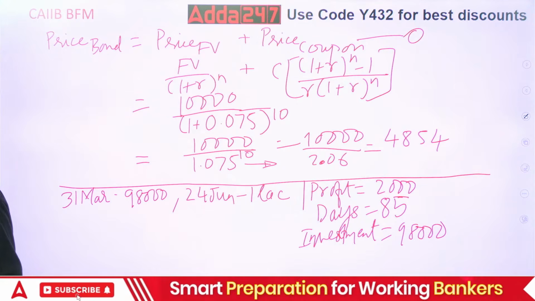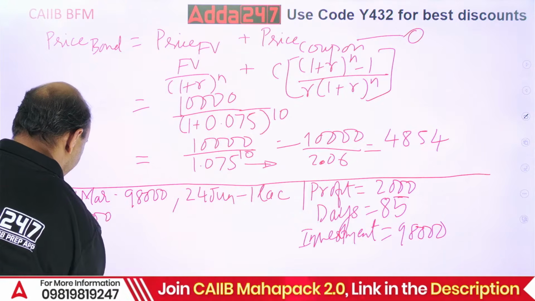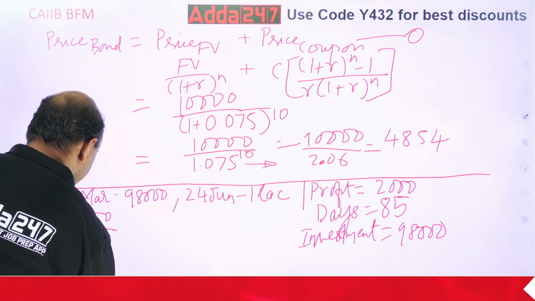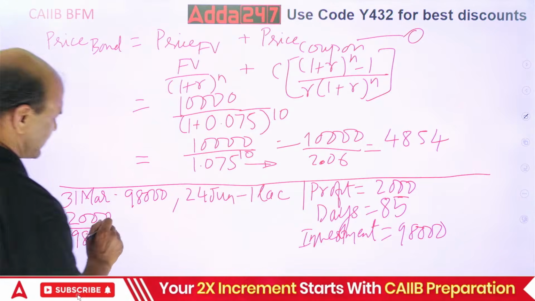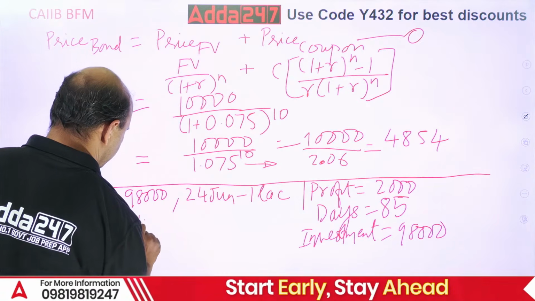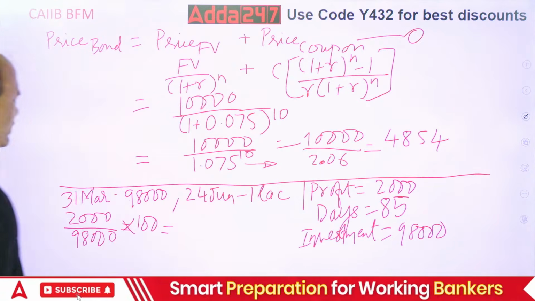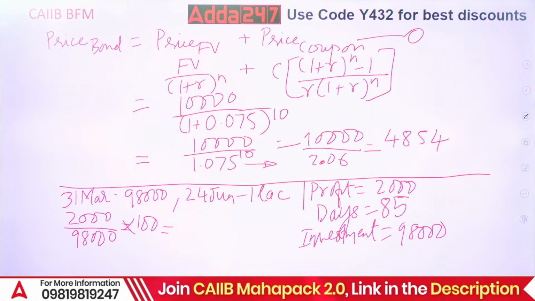So 2,000 upon 98,000. First, find this out. If you want it in percentage, multiply it by 100 also. 2,000 upon 98,000 into 100.